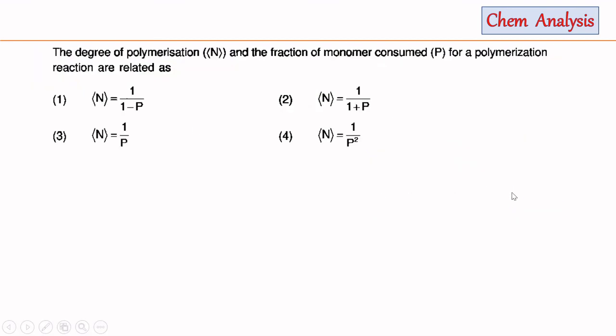Now this is the last question for this discussion, and here we have to say about the relation between the degree of polymerization n and the fraction of monomer consumed, that is P, for a polymerization reaction.